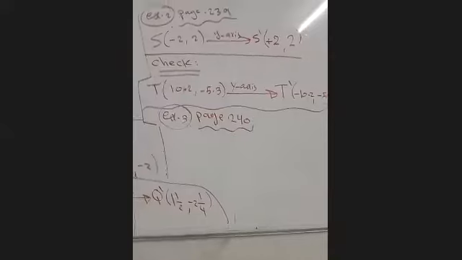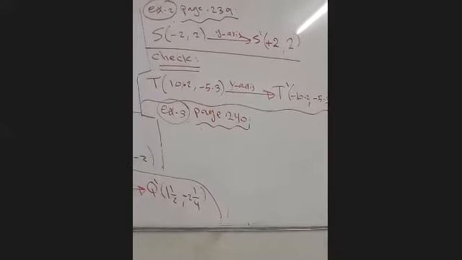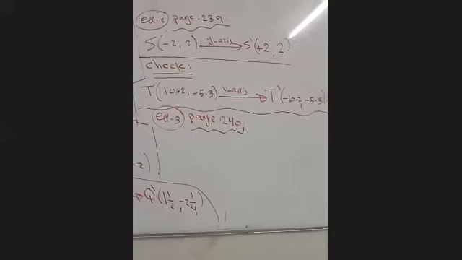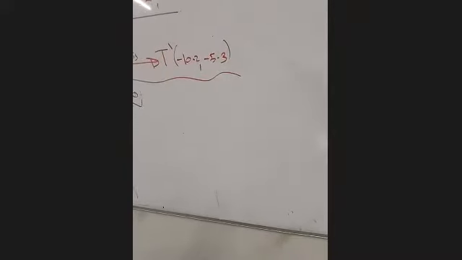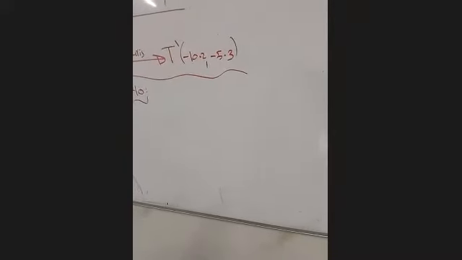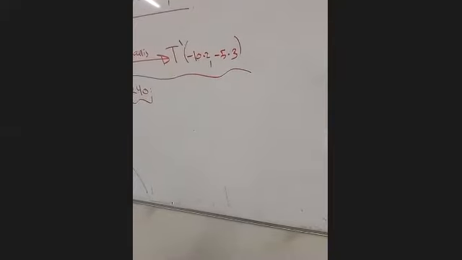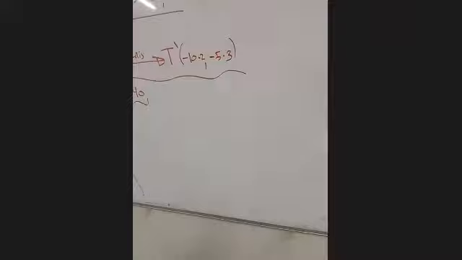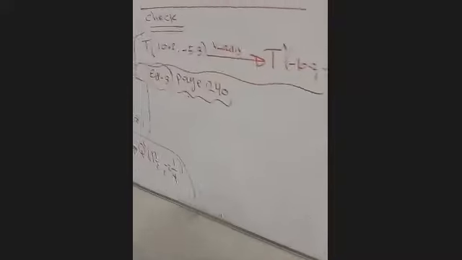Ubay, read. Example 3. The point A prime, -2, 3 over 4, and -4 is the result of reflecting A, 2, 3 over 4, and -4 on the coordinate plane.